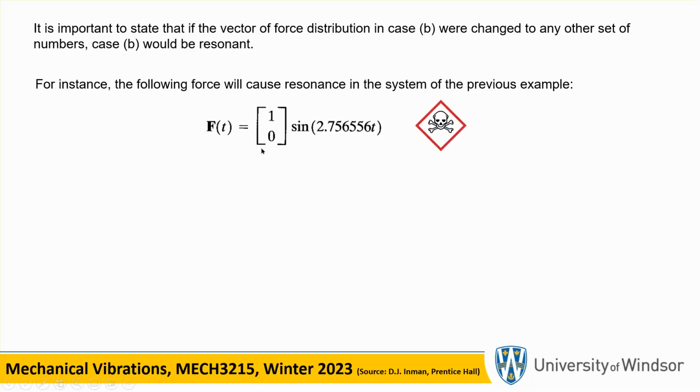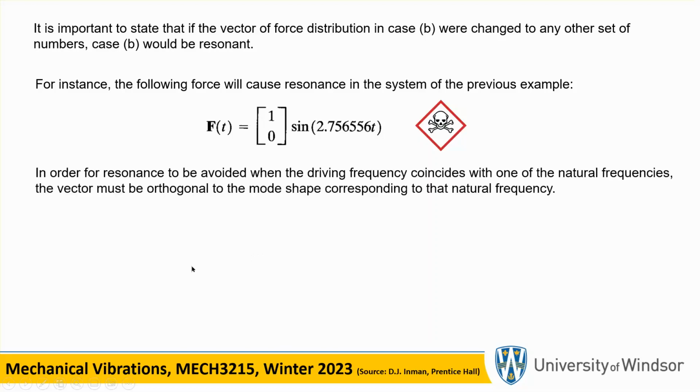For example, if f of t was 1 and 0 times this, you'd have a problem, because the product of the second mode shape with this is not 0, and there will be resonance.